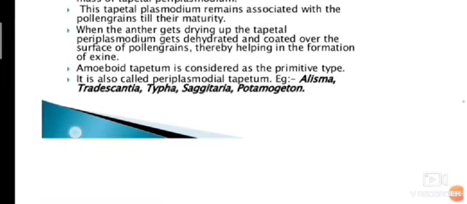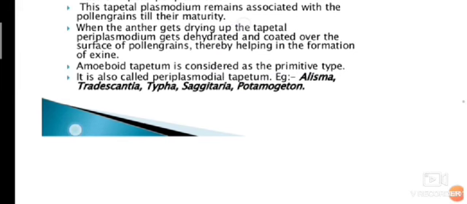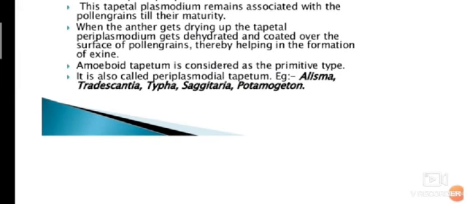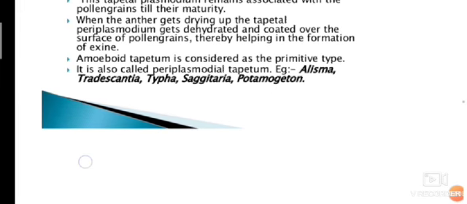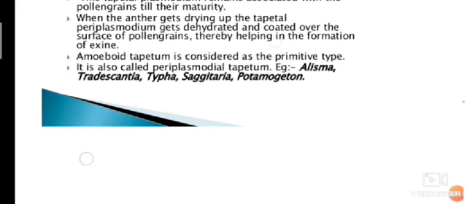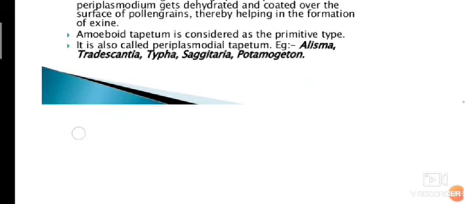When the anthers dry up, the tapetal periplasmodium gets dehydrated and coated over the surface of pollen grains, thereby helping in the formation of exine.